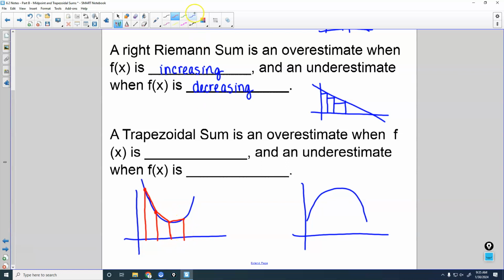Overestimate, right? So we're going to get an overestimate when f of x is concave up, and underestimate when f is concave down. Alright, so if we think of drawing this one in, draw pretty big trapezoids here. You got a little bit of a gap there.